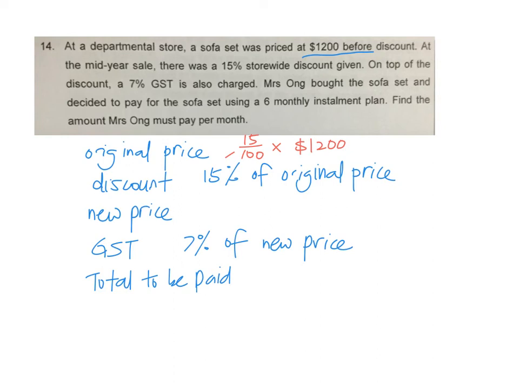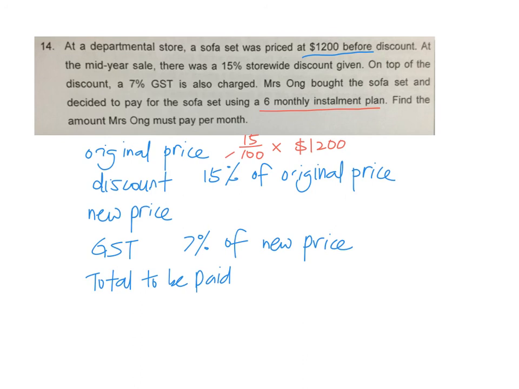Now there is the second part to this question. Mrs. Ong bought the sofa set and decided to pay for the sofa set using a 6-monthly installment plan. Installment means I pay it bit by bit till I finish paying off the whole thing. And now she is paying it over a period of 6 months.